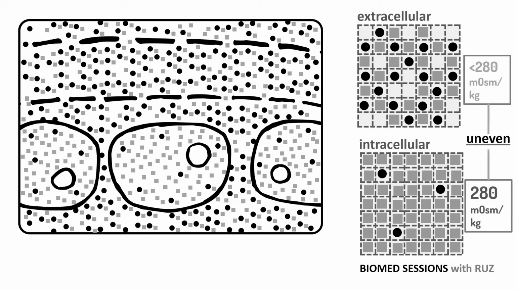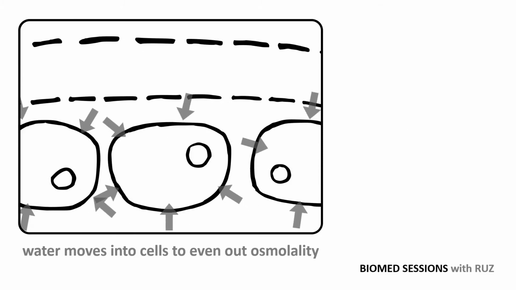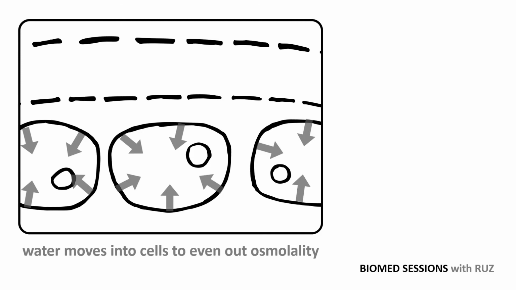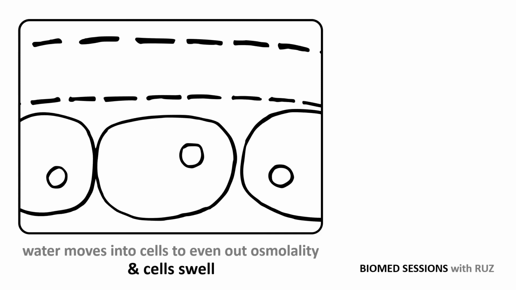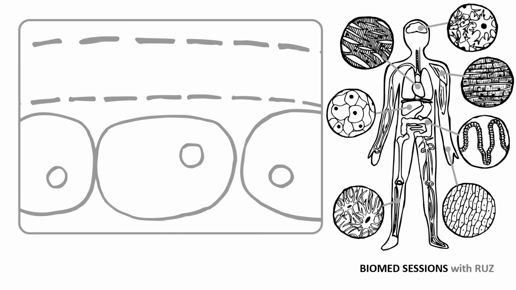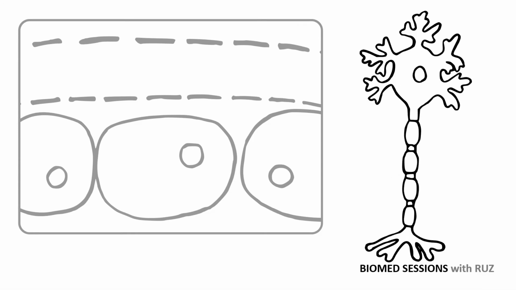The body hates uneven osmolality. Thus, water will shift out of the extracellular fluid into the cells by osmosis, evening out the osmolality. When water moves into the cells, they increase in size. Remember, cells are everywhere. So with that in mind, it's a big problem when fluid shifts into brain cells, causing them to swell, officially known as cerebral edema.